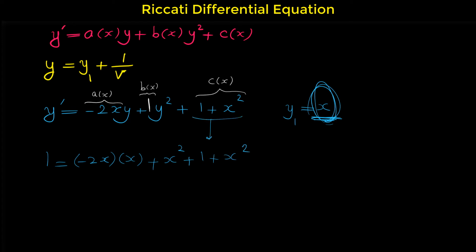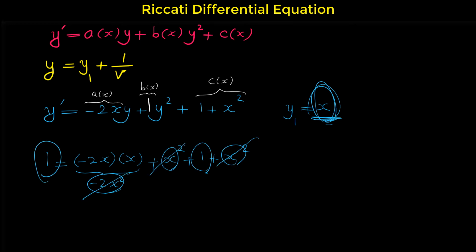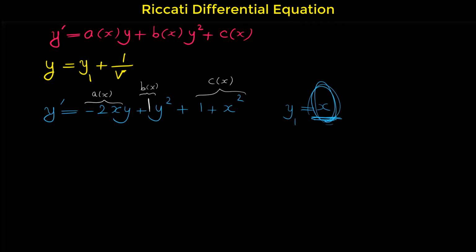We write this here. Now the two sides should be the same. -2x² plus x² is -x²... so on the right side we have 1, and on the left side we also have 1. This shows that the given function is a particular solution for this equation.